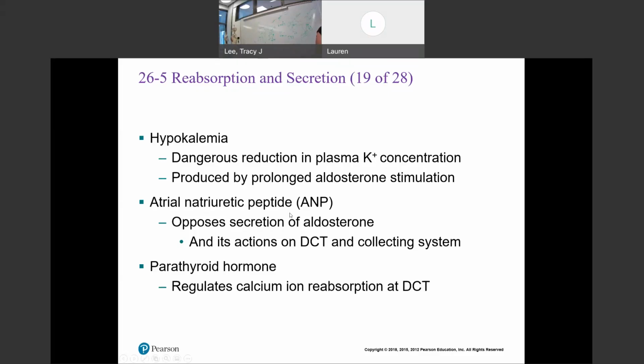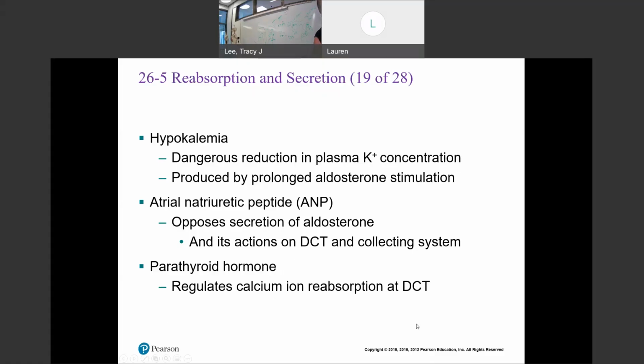Atrial natriuretic peptide, or ANP, does the opposite of aldosterone. And then parathyroid hormone, this affects calcium ion reabsorption. So when do we secrete parathyroid hormone? High or low blood calcium?